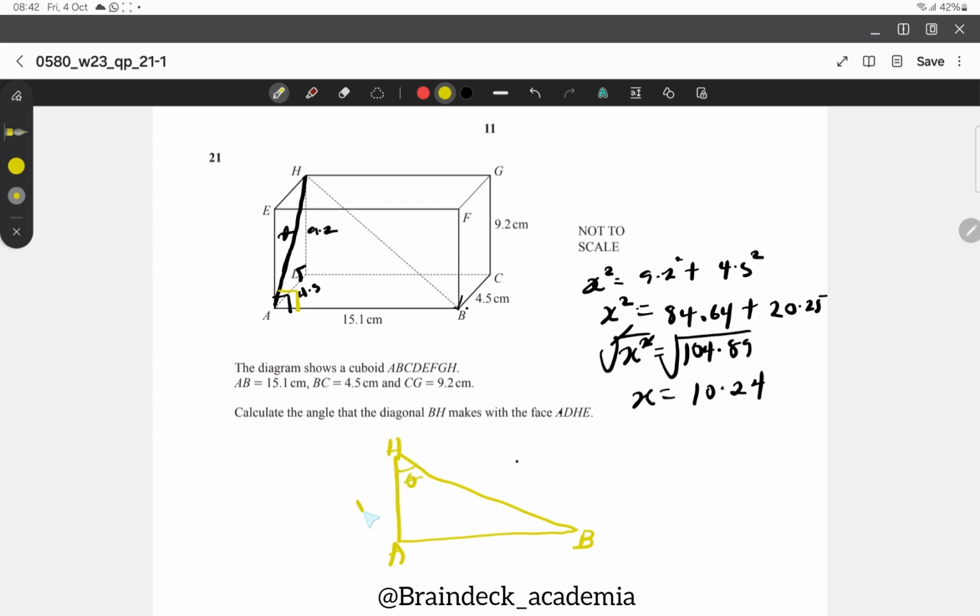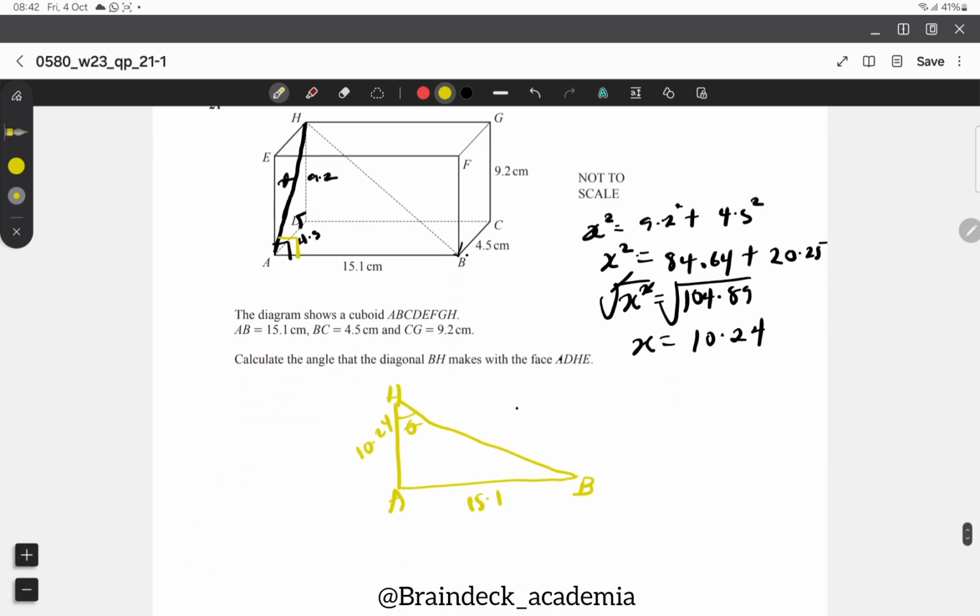This place is 10.24. This place is 15.1. So using our trigonometry ratio, this is opposite over adjacent. So tan theta equals 15.1 divided by 10.24. That gives me 1.4746.